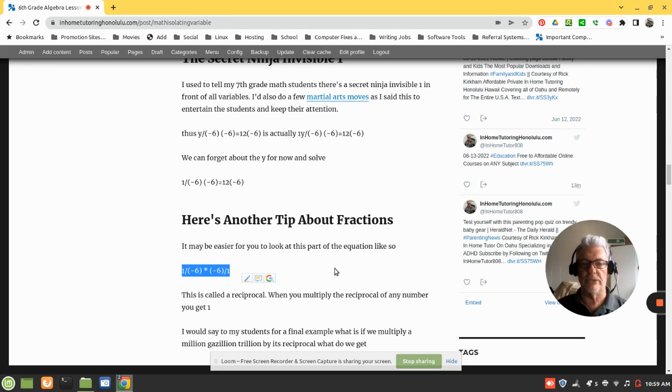And what happens when you multiply 1 over negative 6 times negative 6 over 1? You get 1. So anytime you flip a number, which is called the reciprocal, you get 1. Once again, a million gazillion trillion times 1 over a million gazillion trillion equals 1.